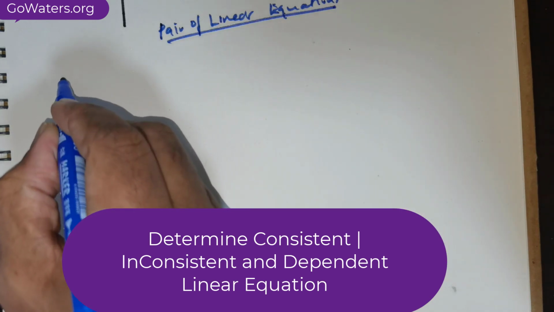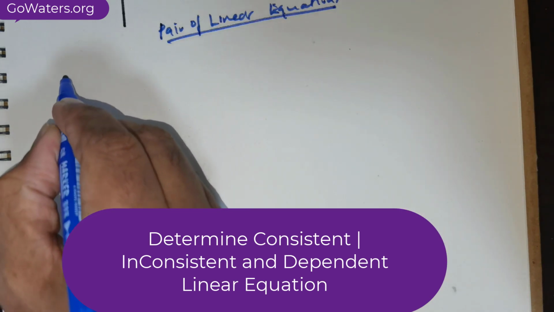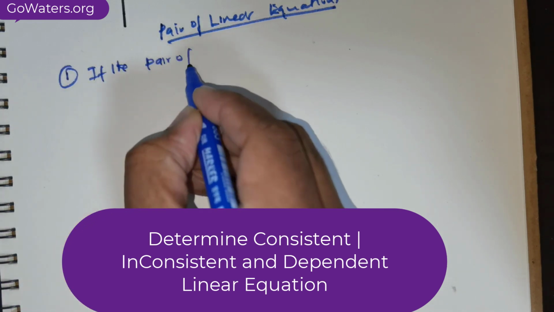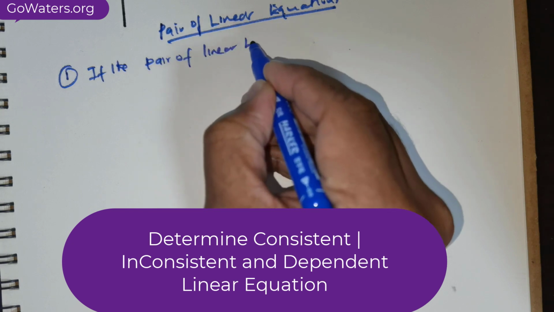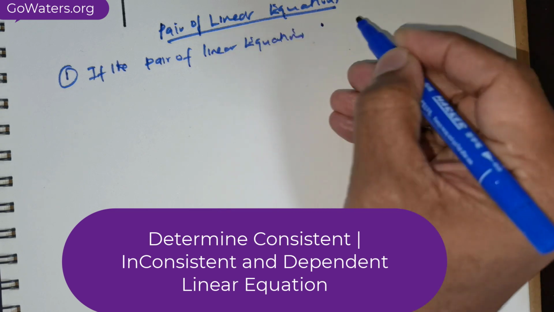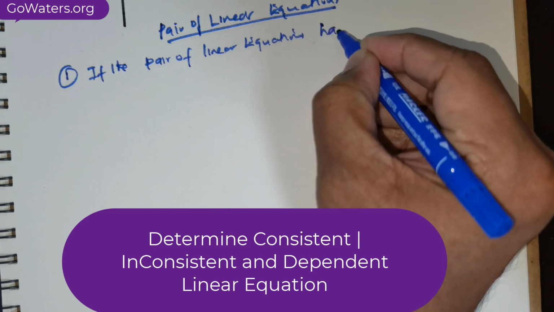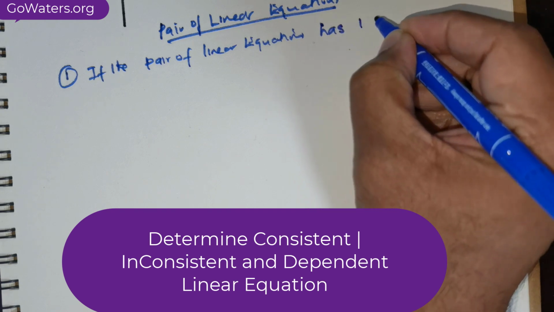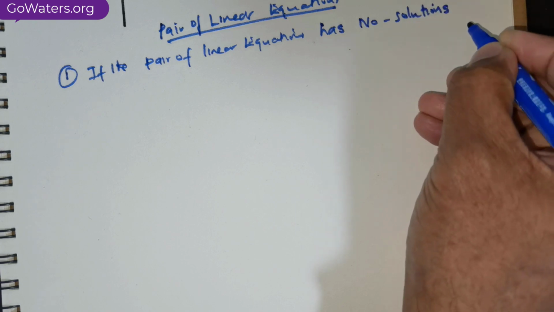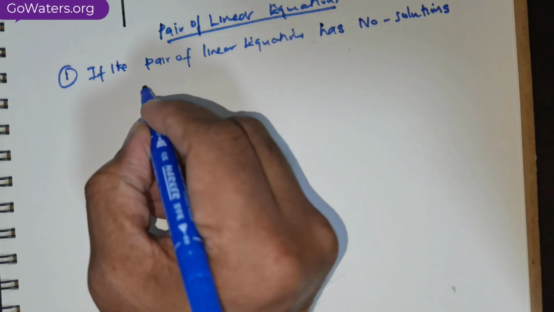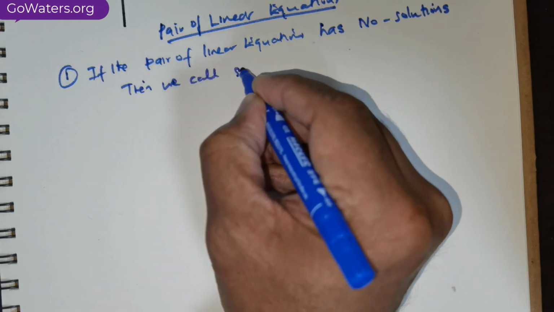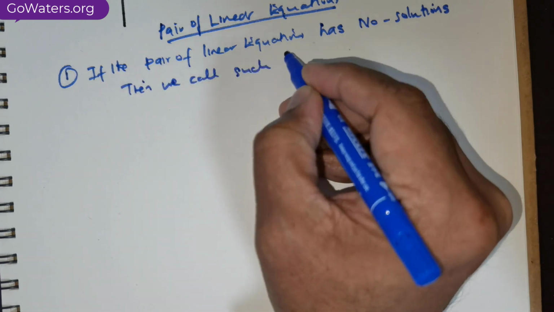Now the first important concept is, if the pair of linear equations has no solutions, then we call such a pair of linear equations inconsistent.